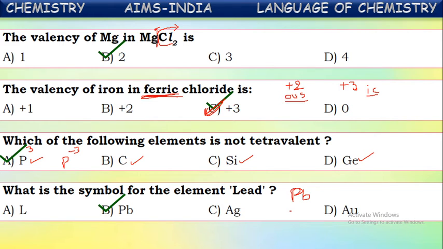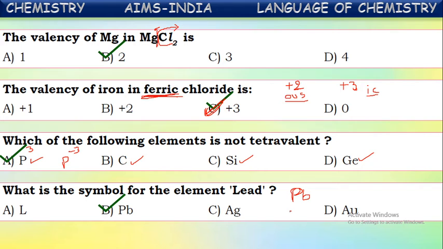Not only for lead, nearly 11 elements have their symbols from their Latin names. For example, sodium has its symbol Na, derived from its Latin name natrium. Potassium's Latin name is kalium, so its symbol is K. Iron's Latin name is ferrum, so its symbol is taken from it as Fe.